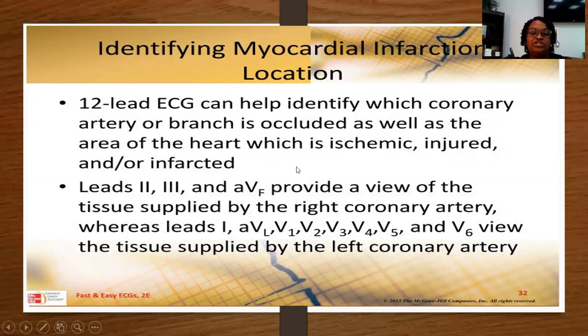Your 12-lead EKG can help identify which coronary artery or branch is occluded, as well as the area of the heart which has the ischemia, the injury, or the infarcted area. Leads 2, 3, and AVF provide a view of the tissue supplied by the right coronary artery, whereas your leads 1, AVL, and V1 through V5 and V6 view the tissue supplied by the left coronary artery.